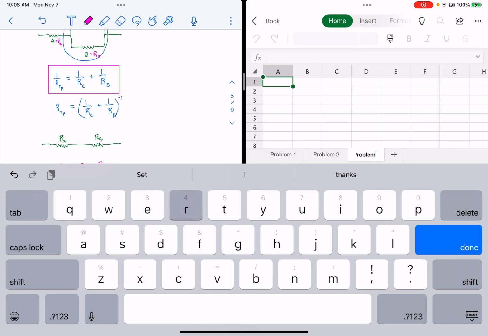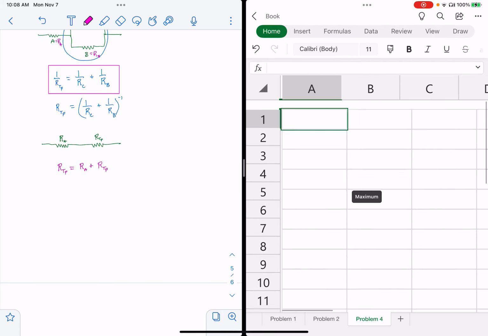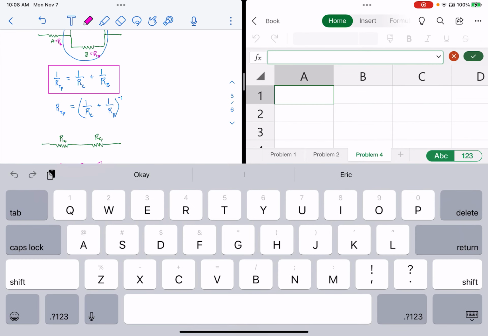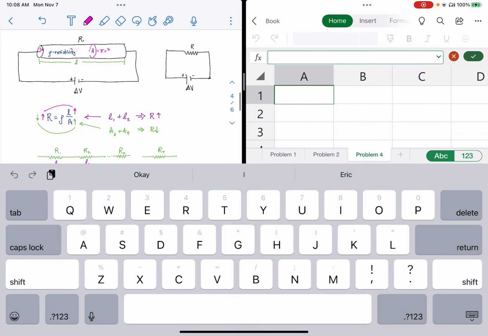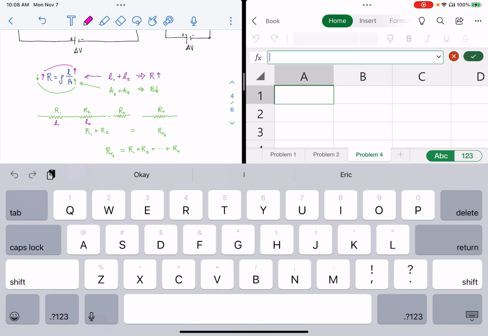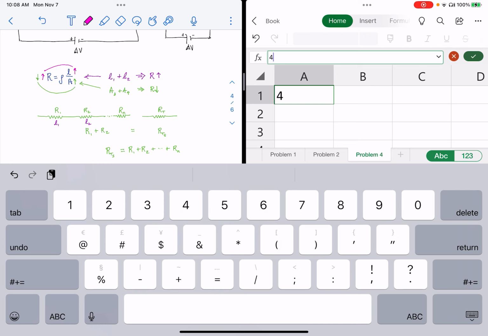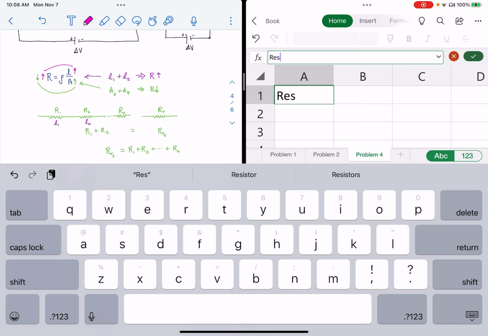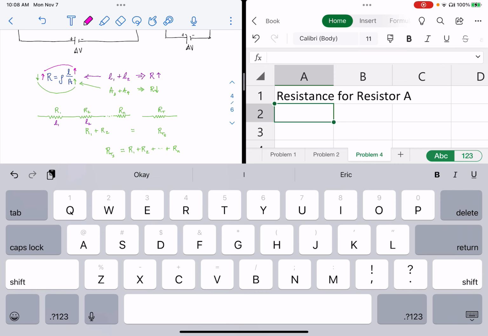Problem 4. We have a resistor value for resistor A, and I'm just going to call it 40,400. Actually, I'm going to say resistance. So you see what I'm doing?